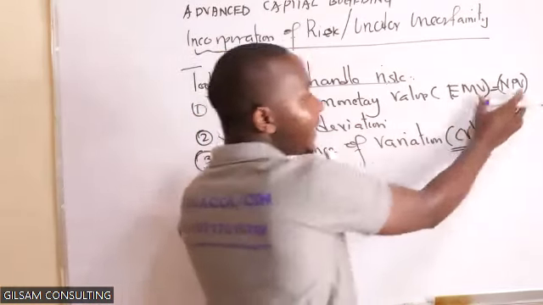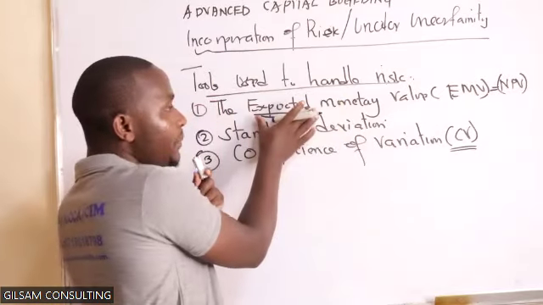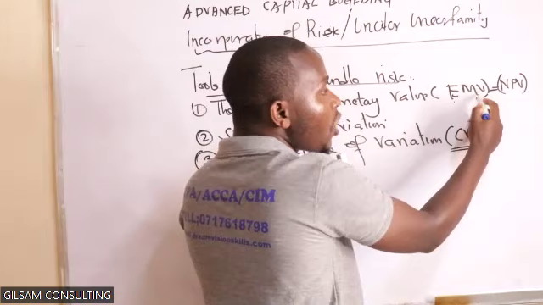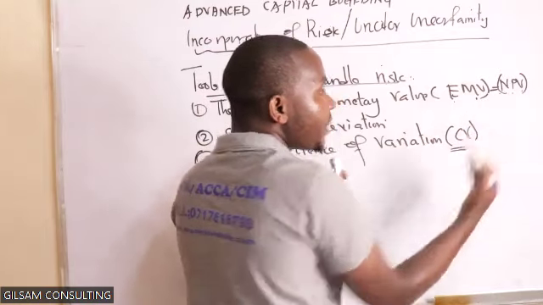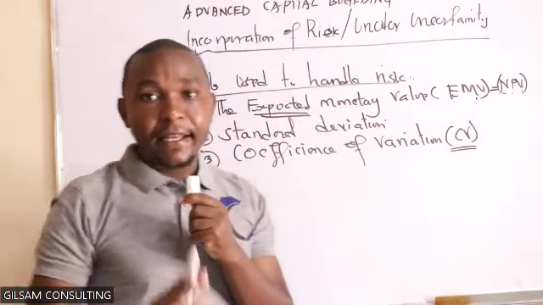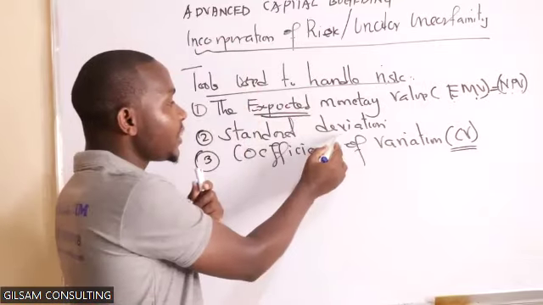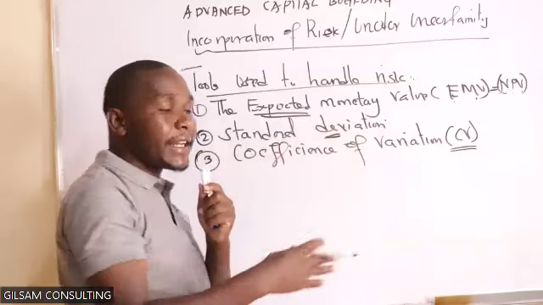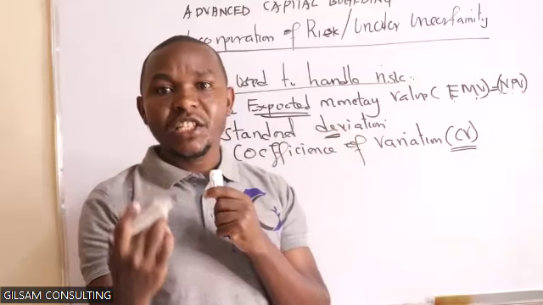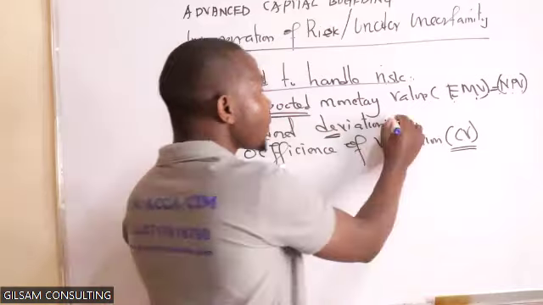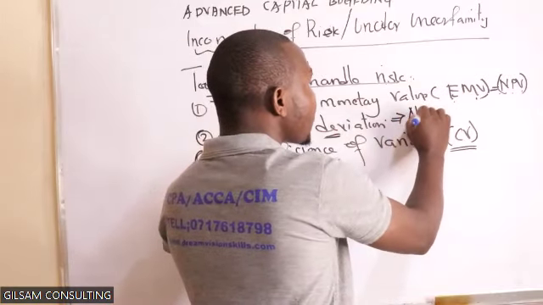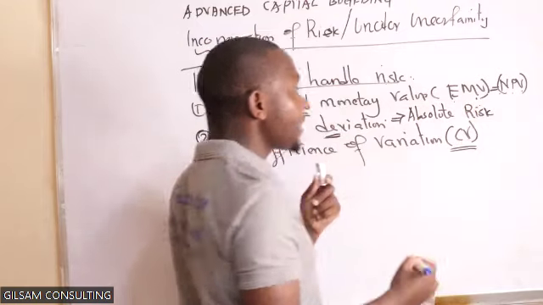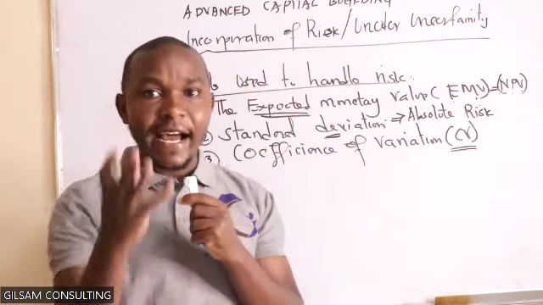So once you get the NPV, multiply with the probabilities, then that will be the expected monetary value or expected NPV. Then standard deviation: if we remind ourselves, we use it to measure absolute risk, and we said something absolute is something which is 100%.